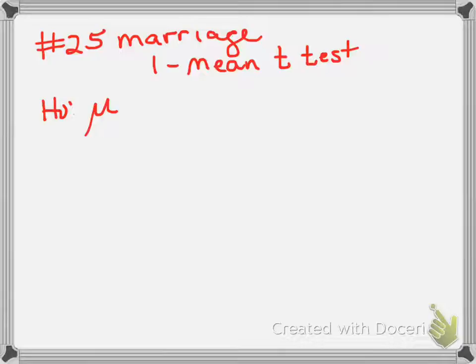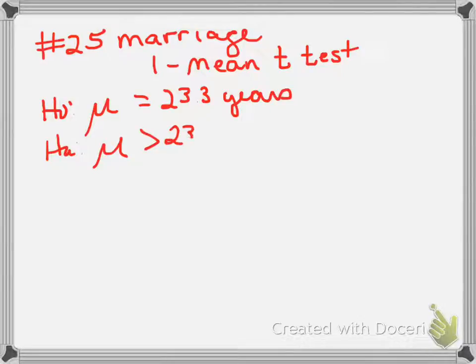Remember, we use Greek for population. And they said it's 23.3. I recommend that you put units down so we have an idea of what the units are. And they want to see if they have increased. So HA would be that mu is greater than 23.3 years.